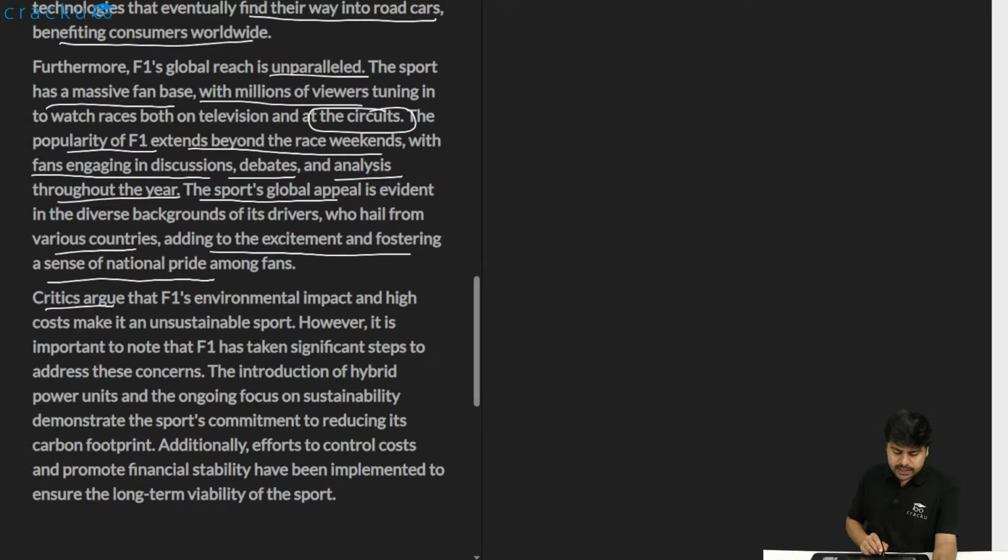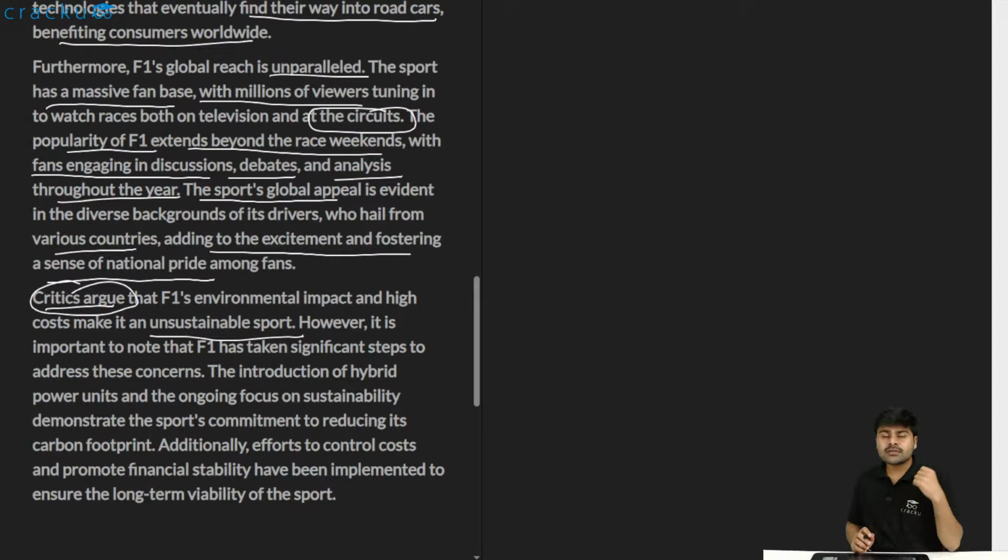Critics argue that F1's environmental impact and high costs make it an unsustainable sport. Now we are criticizing F1, right? Critics argue that F1's environmental impact should be huge, because these vehicles are driven by people, but they use fuel, petrol. They essentially use fossil fuels.